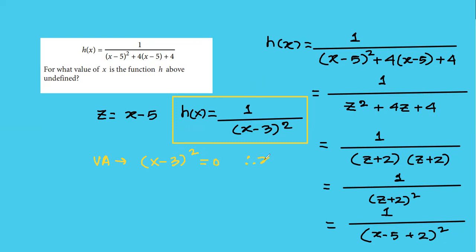If you take the square root of both sides, you'll get x minus 3 equals 0. So x equals 3. And there are no holes because none of the factors are cancelling out from the numerator and denominator. So the function becomes undefined at x equals 3. And that's it.